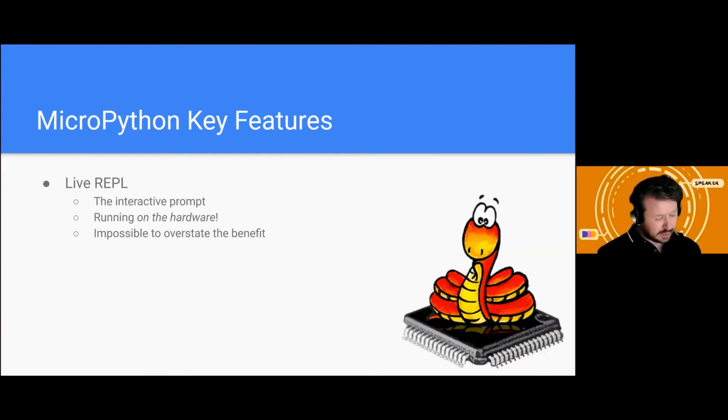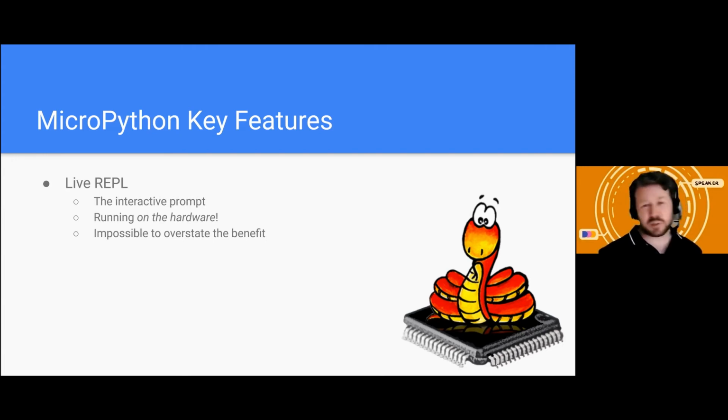So much like you would type Python at your regular terminal and interact with the Python interpreter in a live sort of fashion, we can open up a serial connection to a device, and we get the live REPL that's running on the device. This means that we can turn pins on and off, we can interact with peripherals, we can do everything that you could normally do at a Python prompt, as well as do all that embedded stuff live and interactively. And that's a complete revelation. That's really difficult to do with the C sort of compile, deploy, try out cycle.